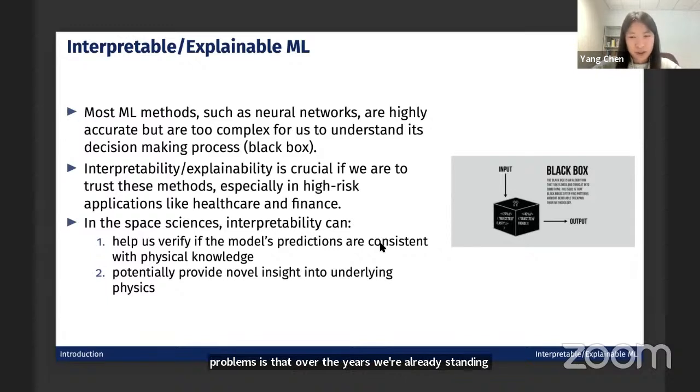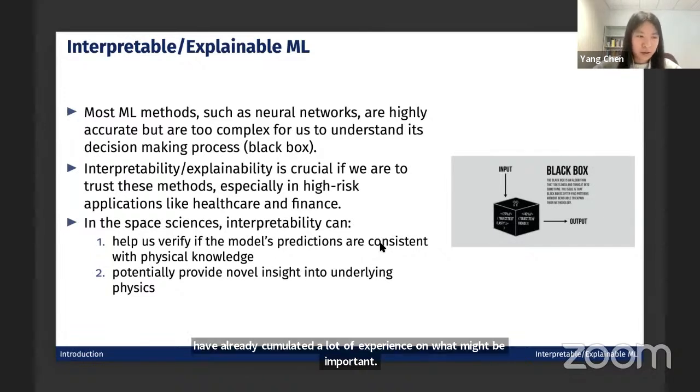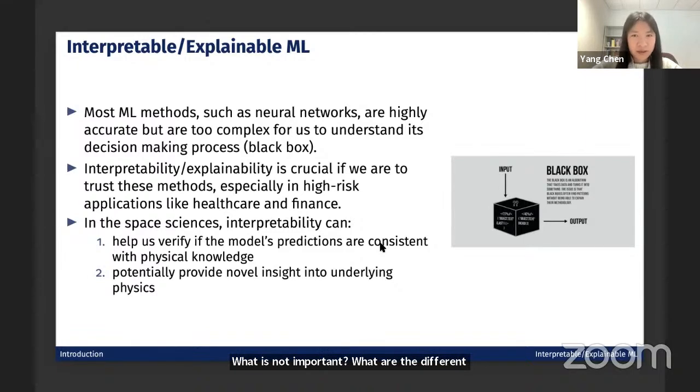People have accumulated a lot of experience on what might be important, what is not important, what the different categories of events are, and what the features of each type of event are. So if our interpretable machine learning methods can verify the physical knowledge, that means at least the machine is learning something that humans have proven to be true.